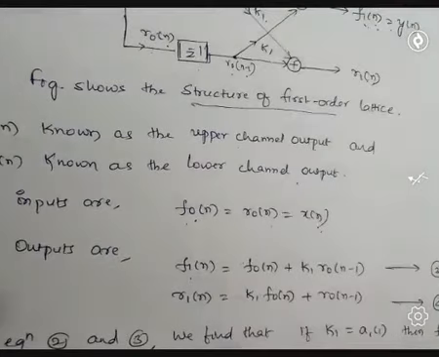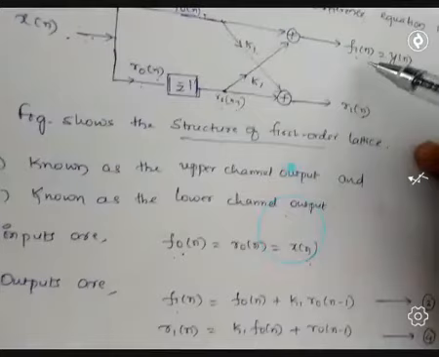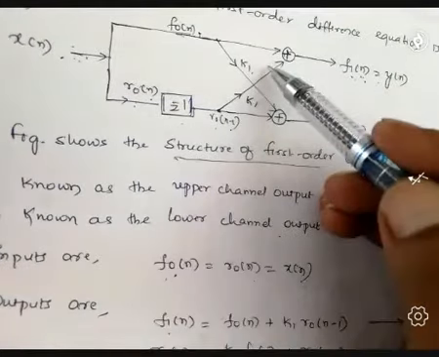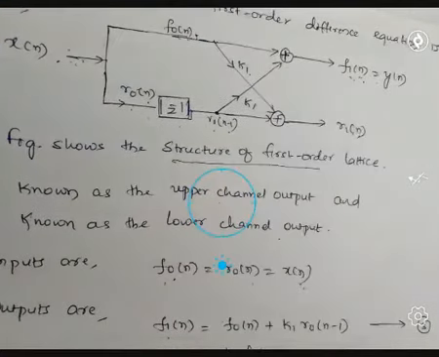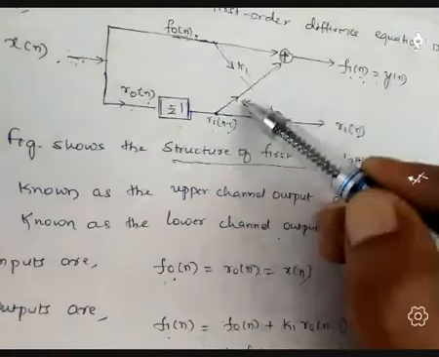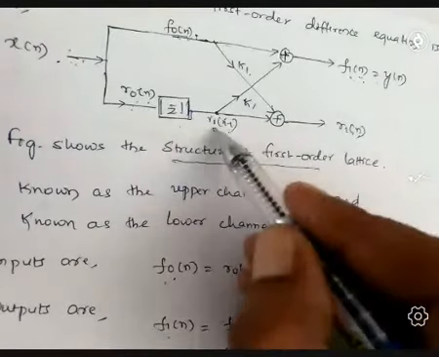So how do we calculate f_1(n)? In order to get f_1(n), it is the addition of f_0(n) with k_1 multiplied by r_0(n), which is delayed by one time unit, so here we get r_0(n minus 1).